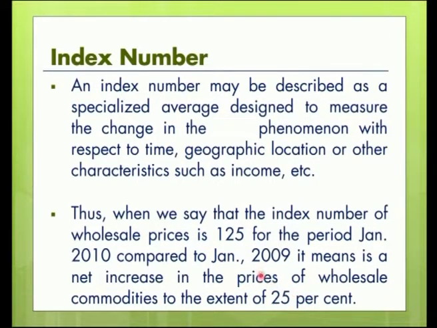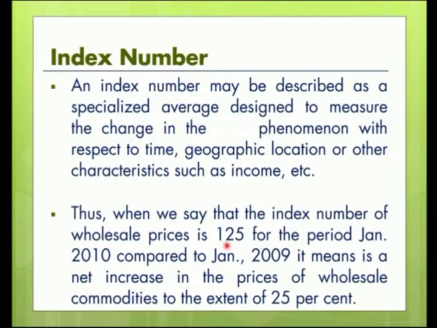That is, for the year 2009, we keep the base price as 100, and when we see the wholesale price is 125, whatever the unit you are using, rupees or dollars, 25% has been increased.